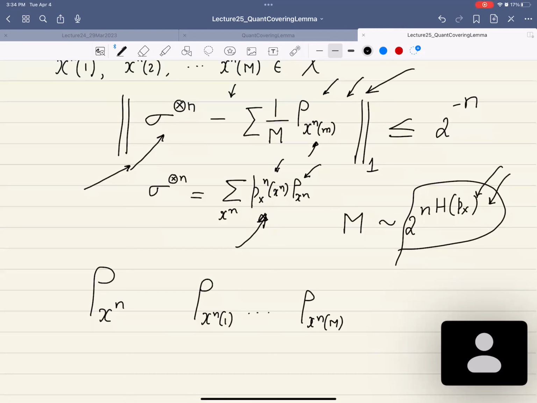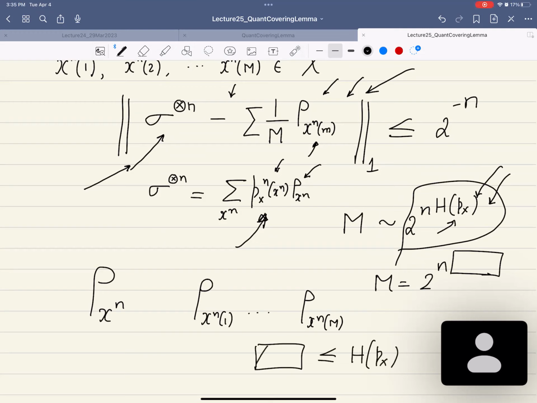I'm going to get you an exponent that is strictly smaller than this. And before I complete the presentation, you must kind of guess what that exponent is. So what is m? M is going to be 2 power n times some blank, and you have to fill this blank. Clearly that blank is definitely at most h of px, so it has to be lesser than h of px. And the question is, what is this blank?